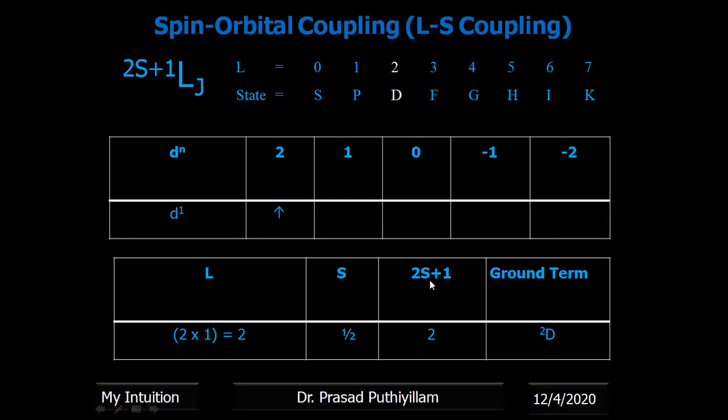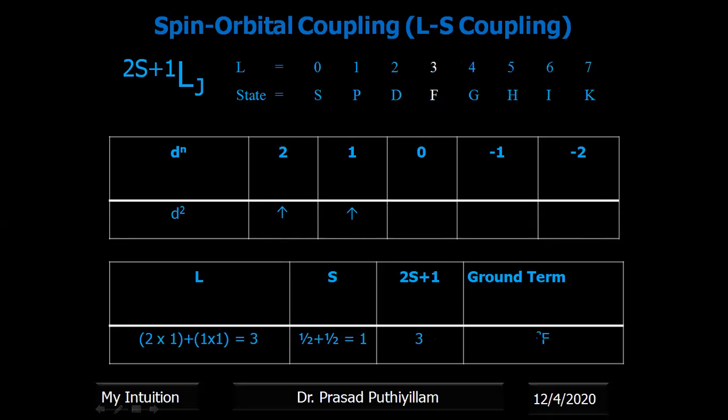Therefore 2S plus 1 we can calculate as 2 into half plus 1, the value is 2. Therefore the ground term we write as D because L is equal to 2, and 2S plus 1 value we got as 2. Therefore it is 2D.